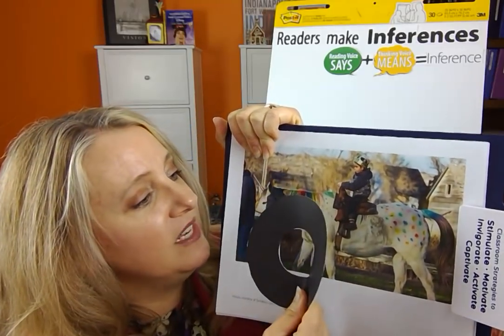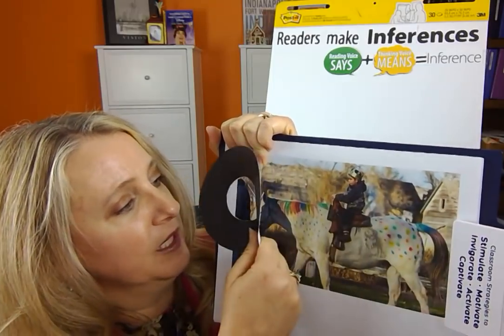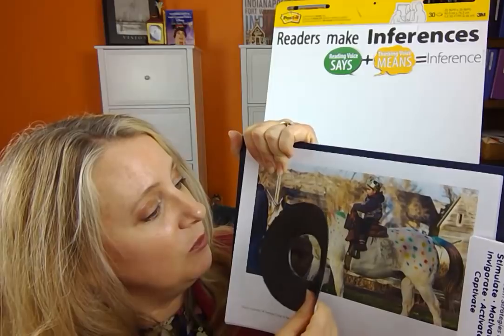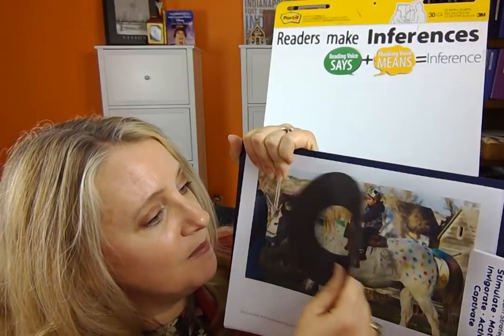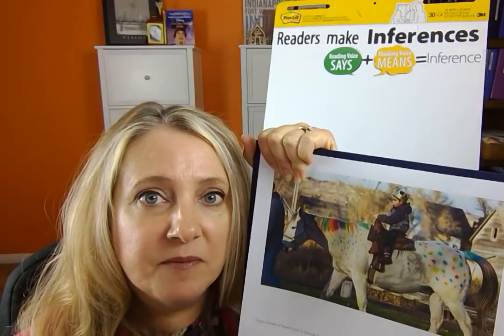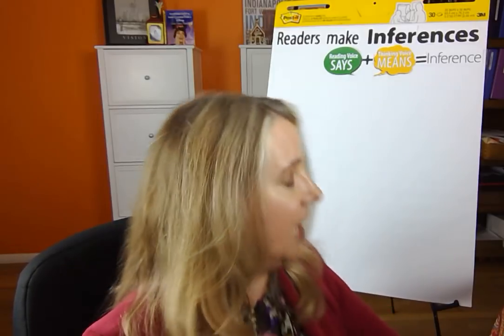So when we put these together, clue plus clue plus clue plus clue, those are the details I'm talking about. And when we think rainbow spots, rainbow mane, tail, and a horn, you know what our thinking voice said to us? I'm thinking that's a unicorn. Yeah, that's what we were doing. We were putting details together.